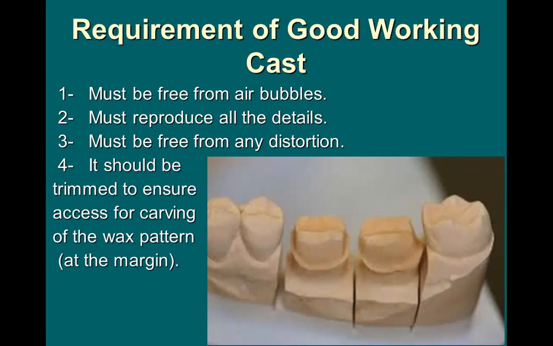It must be trimmed in such a way that the finishing line is clear and easy to apply the wax on it to produce a perfect margin of the crown.